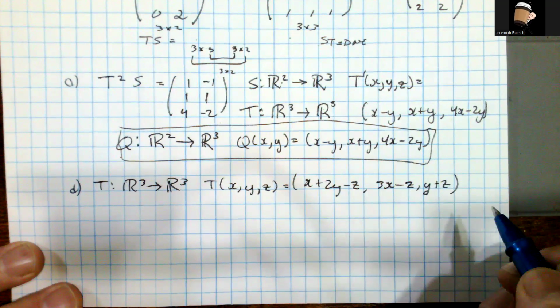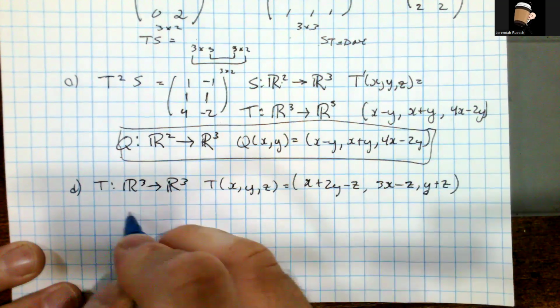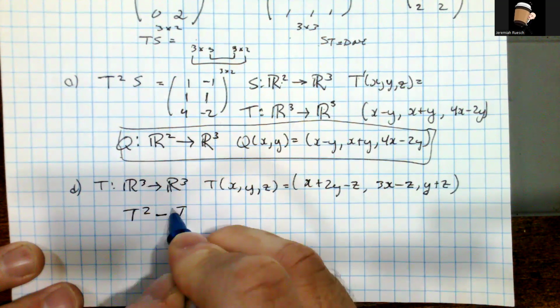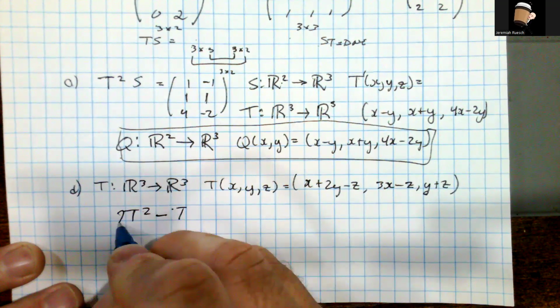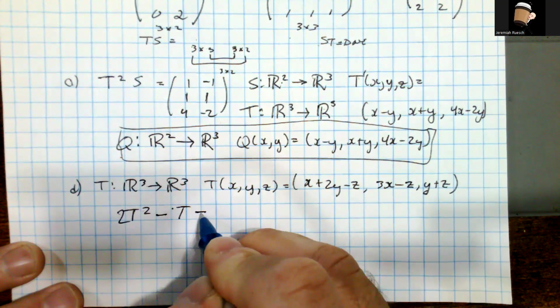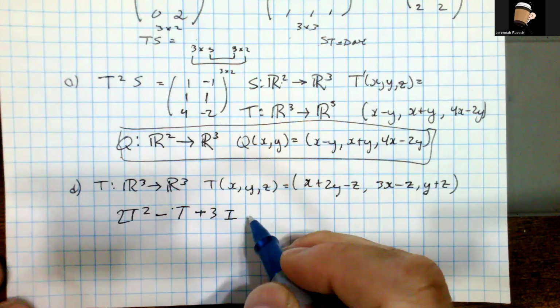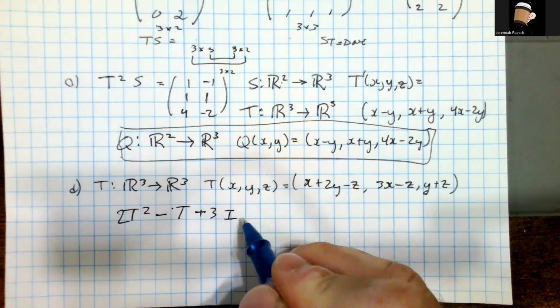Describe the transformation. We want to look at 2T squared minus T plus 3I. So we want to write this as a single matrix and figure out how to compute that.